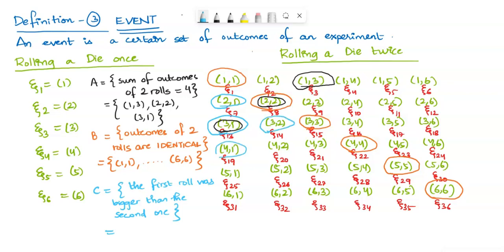Similarly, for the fourth row, we will have these 3 outcomes. Fifth row will have these outcomes, and sixth row will have these outcomes. As we can clearly see, the first outcome is greater than the second one in all these blue marked events.